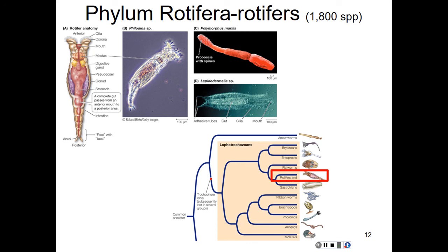a digestive system. Their digestive system is known as an alimentary canal, a digestive tube with 2 openings. These guys are pseudocoelomates.